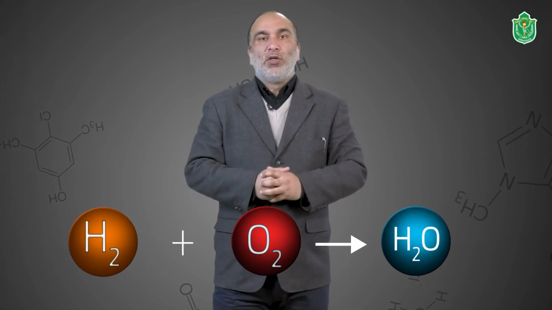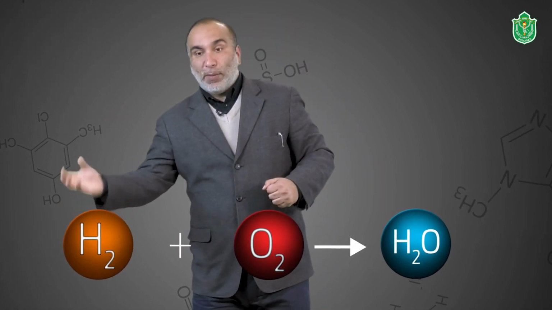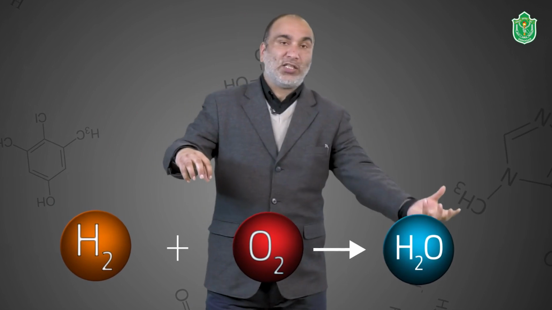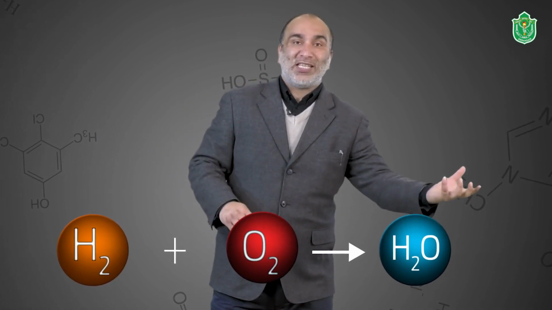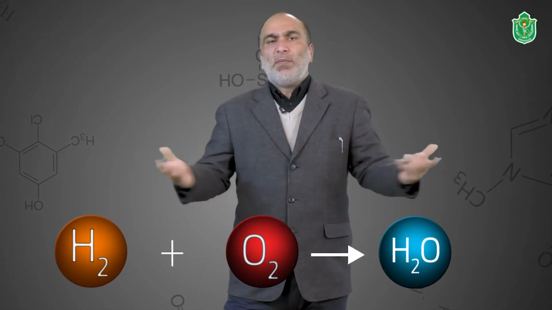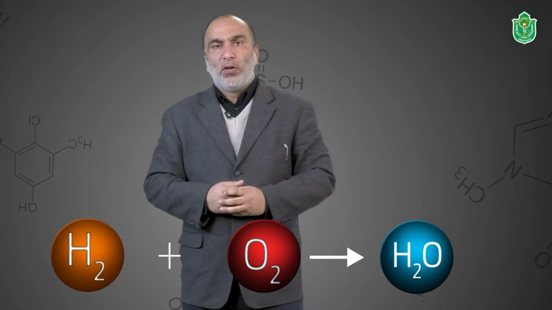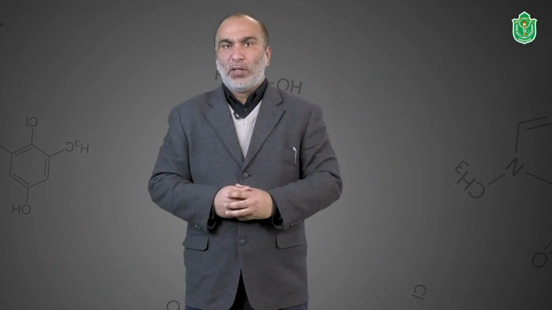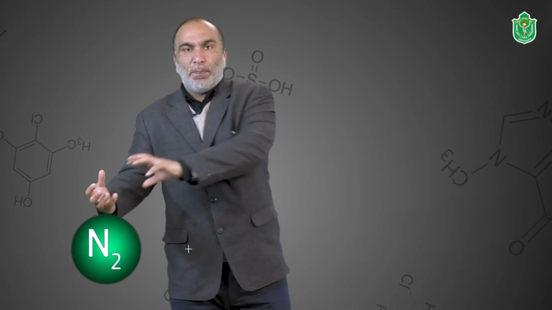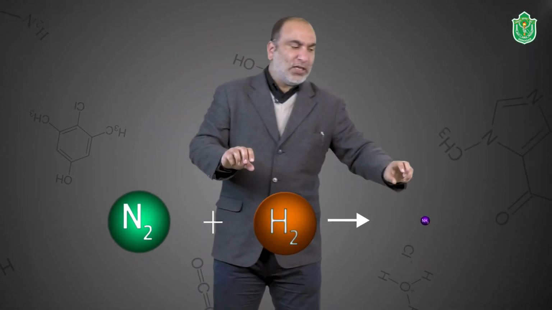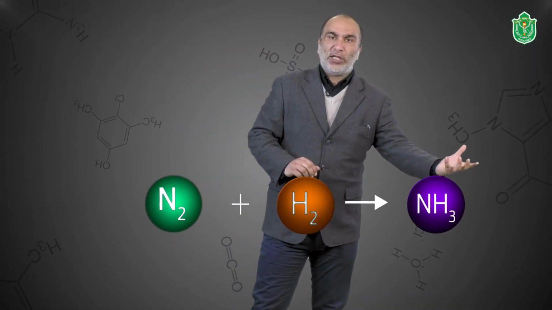And in this reaction, hydrogen combines with oxygen and results in the formation of a single product, H2O, water. Similarly, we can take one more example, the formation of ammonia. Nitrogen combining with hydrogen and resulting in the formation of ammonia, NH3.